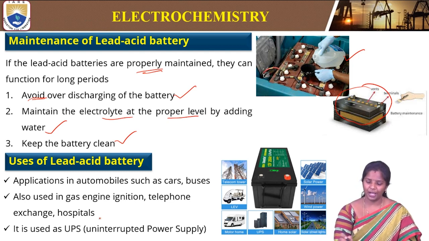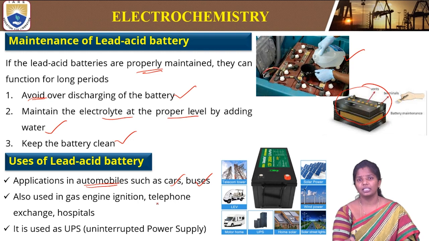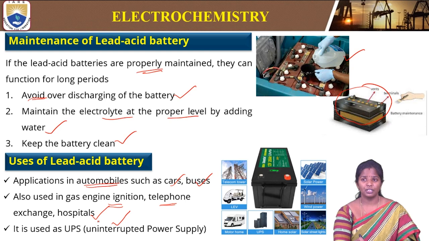So the uses of the battery: if we see, there are wide applications in cars and buses, automobiles. Any automobiles will be using lead acid batteries since decades. Then it is also used in gas engine ignition, telephone exchanges, hospitals, UPS, uninterrupted power supply. These are some of the important applications.